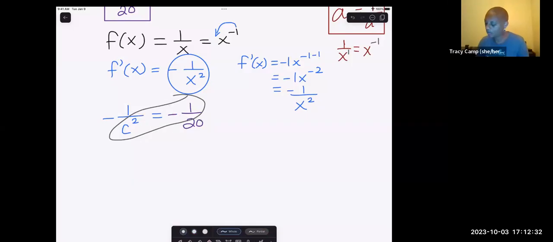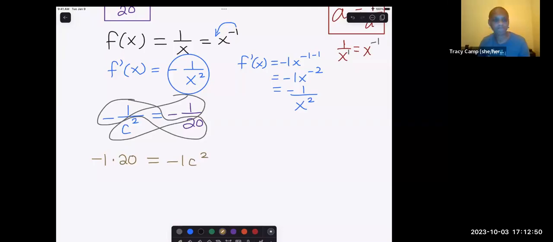I am going to include the negative with the 1. So cross multiplying, I get -1 times 20 equals -1 times c squared, which is the same thing you'll get if you multiply both sides by 20c squared.